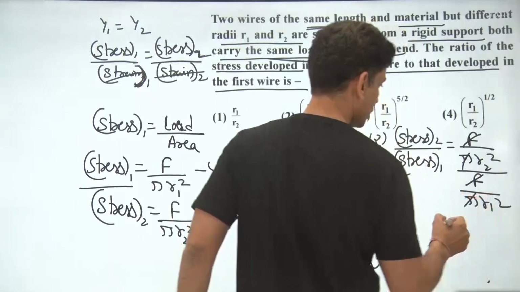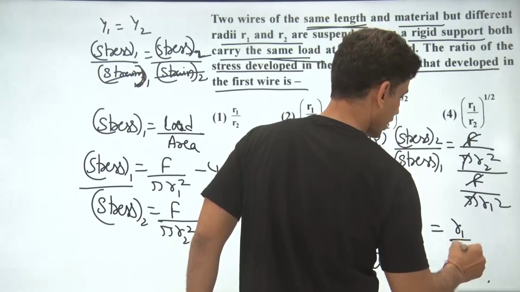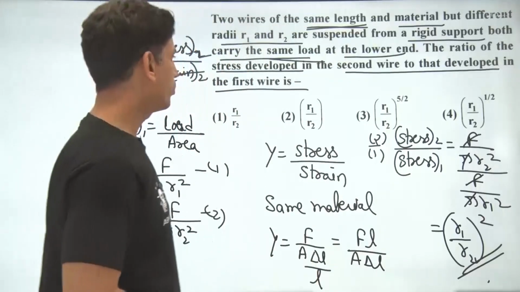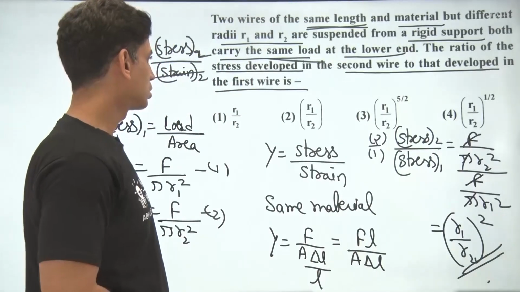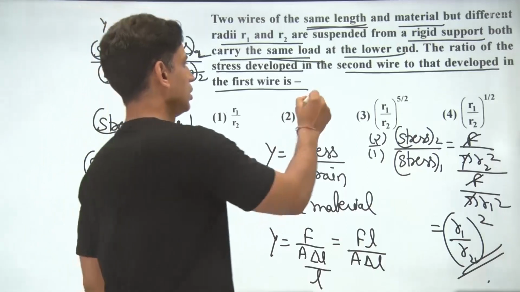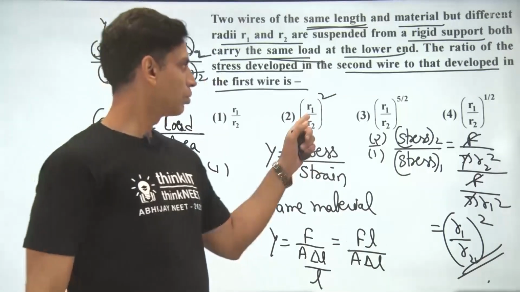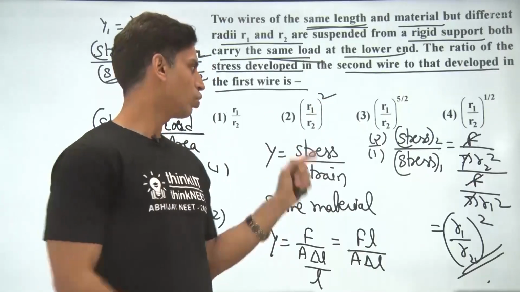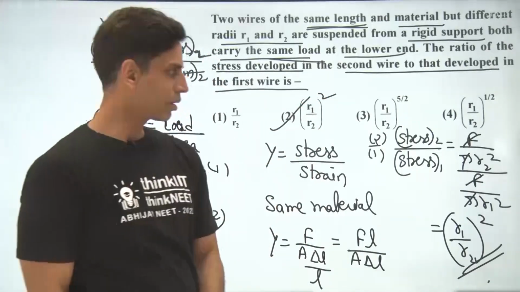F and pi cancel, so it is R1 by R2 whole square. That square should be there in option number 2, so option number 2 is the correct answer.